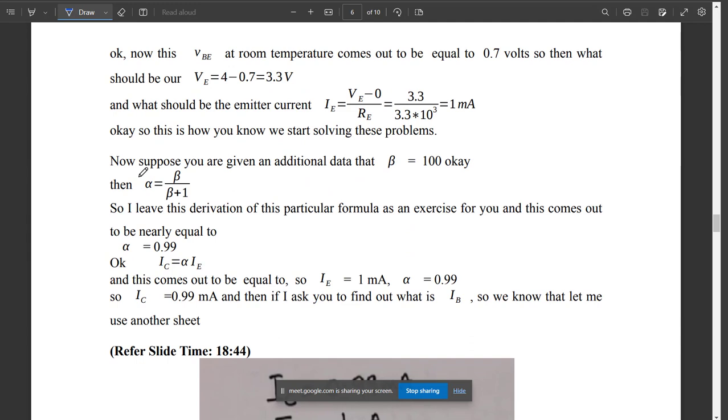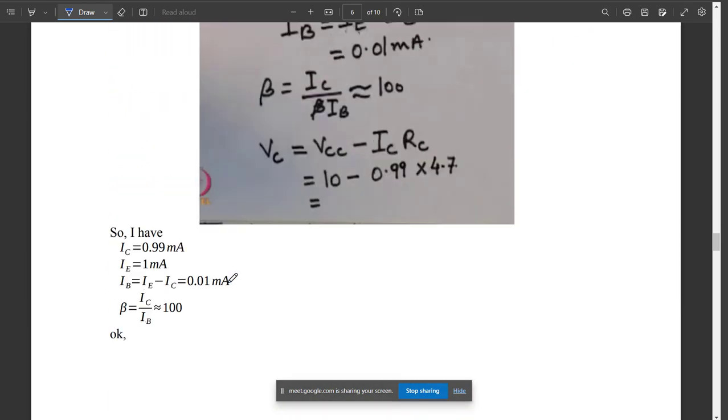You can find out the value of alpha by putting alpha equal to beta upon beta plus 1. IC is equal to alpha into IE. We have to find out gm.